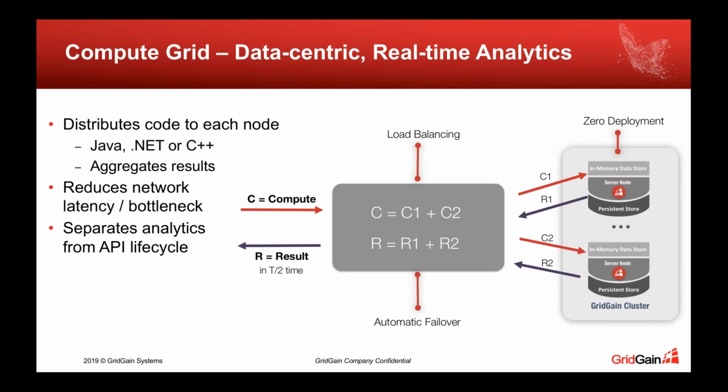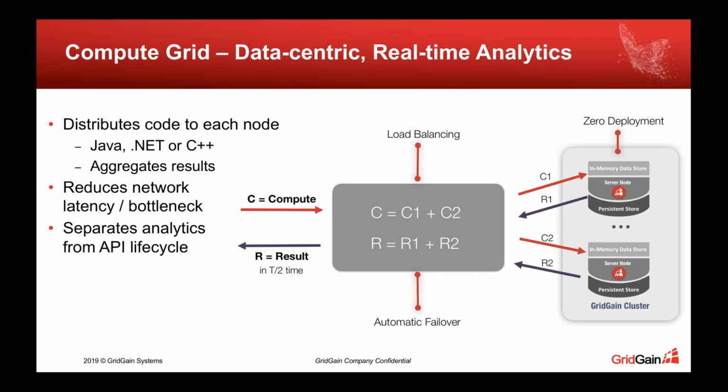The compute grid, we have the ability not just to manage data horizontally across a cluster, but to push code to each node, to push Java or .NET or C++ dynamically, and compute against the data in each node, and then aggregate the results over the network. It's kind of like a real-time version of MapReduce. In fact, we support MapReduce, but it's a real-time version of it in memory. And this is how you avoid the network bottleneck where the data is too big to move.